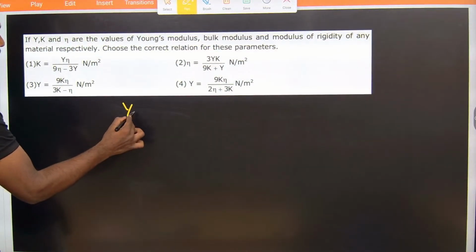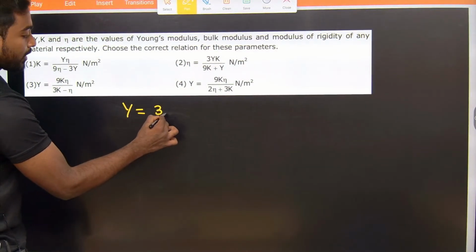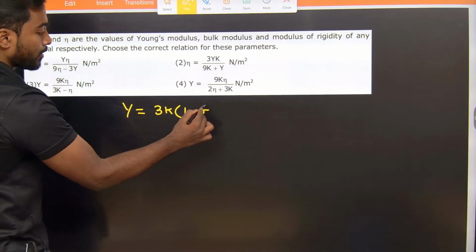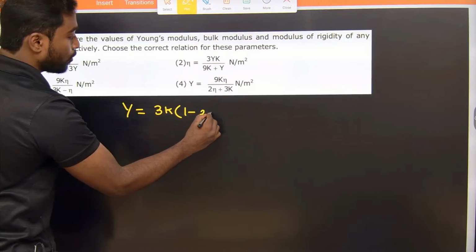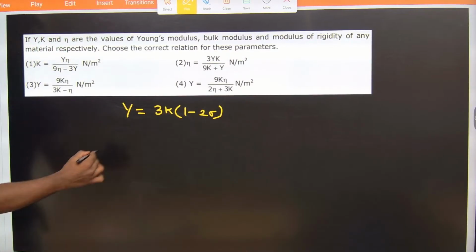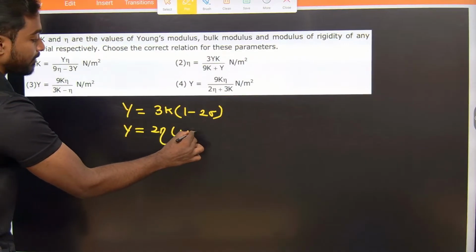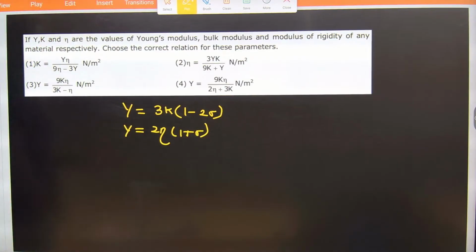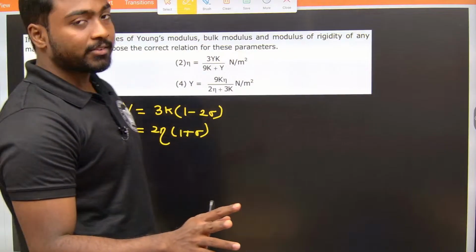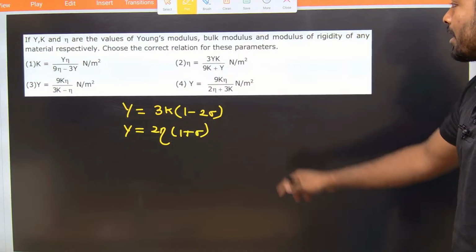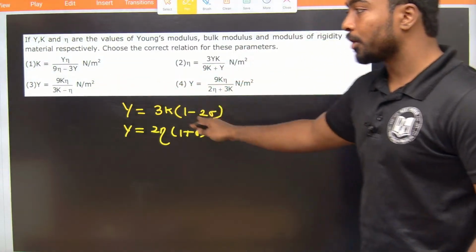So Y is equal to 3K into 1 minus 2 sigma. And one more relation is Y is equal to 2 eta into 1 plus sigma. These are the two relations. From these two relations I need to get the proper relation for this question, and whatever relation is given in the options, I should get it.